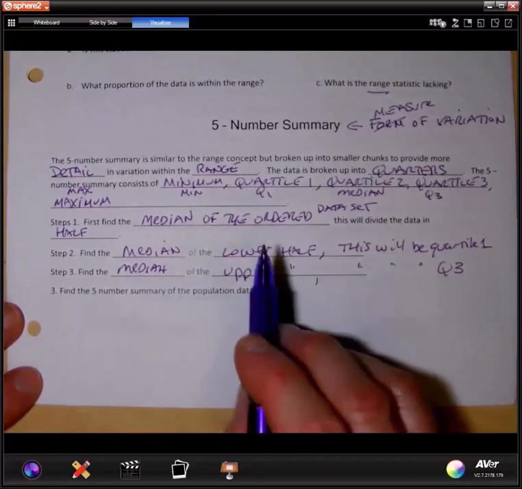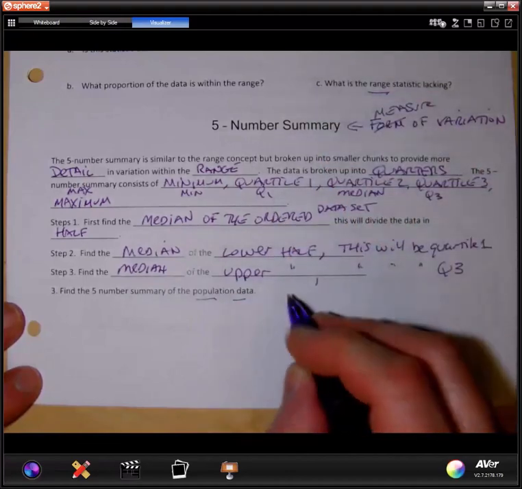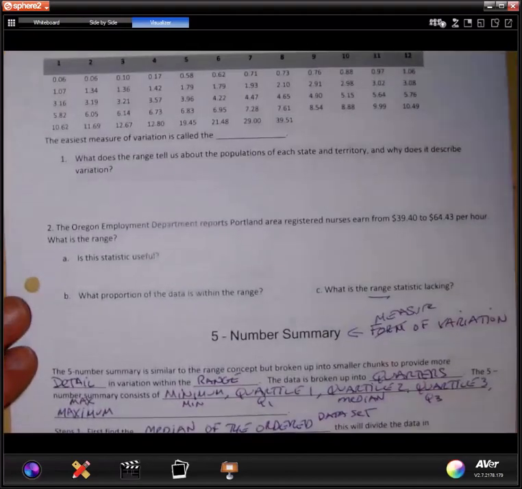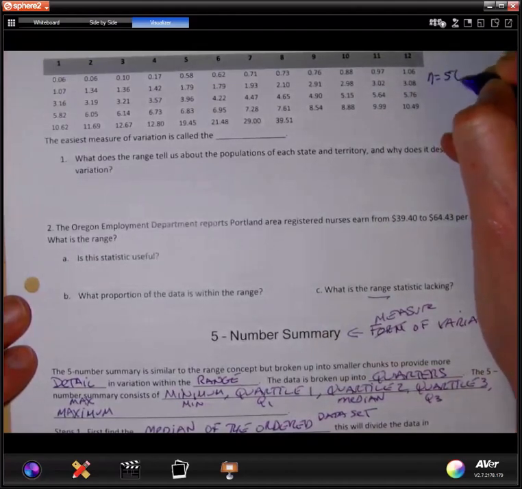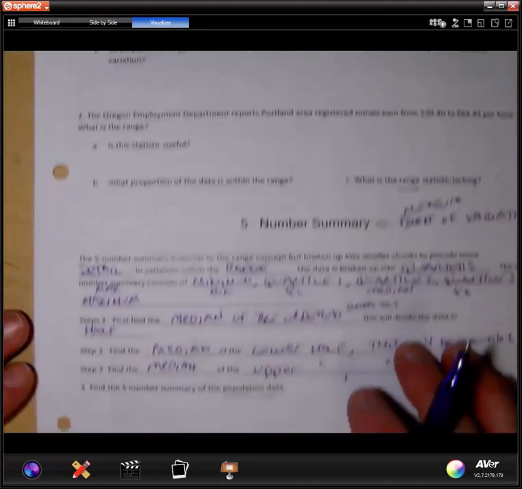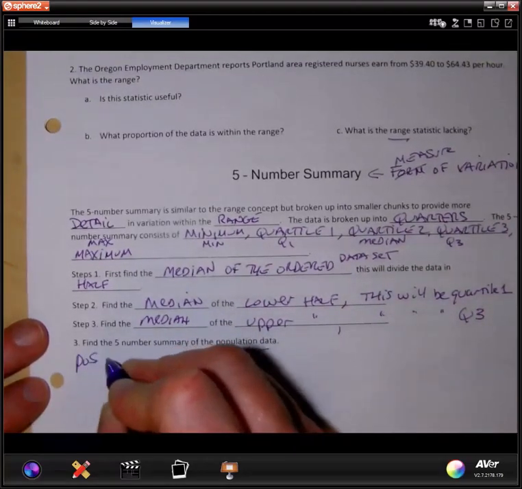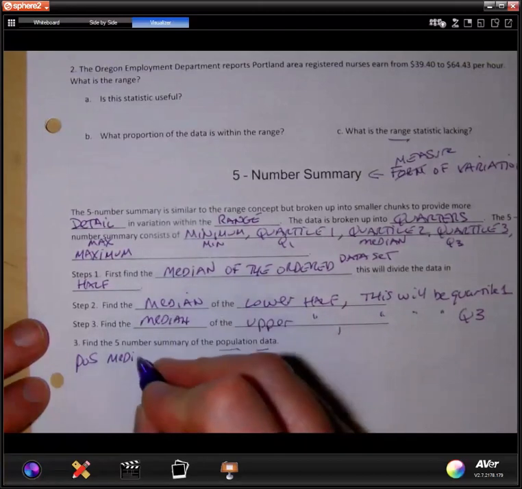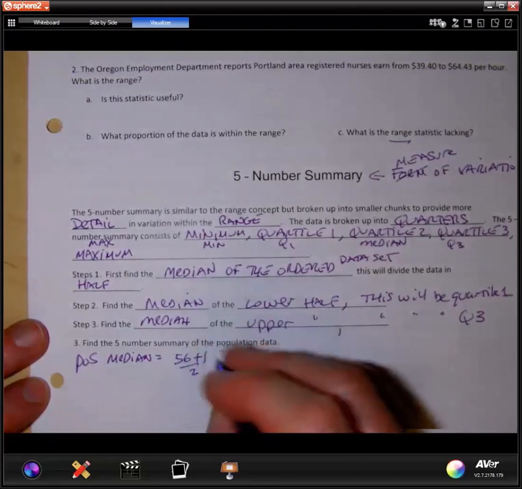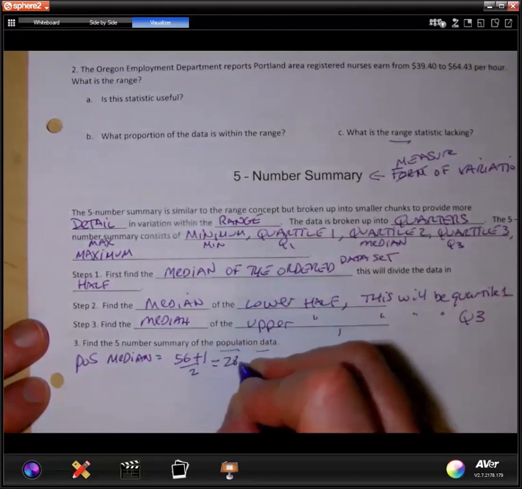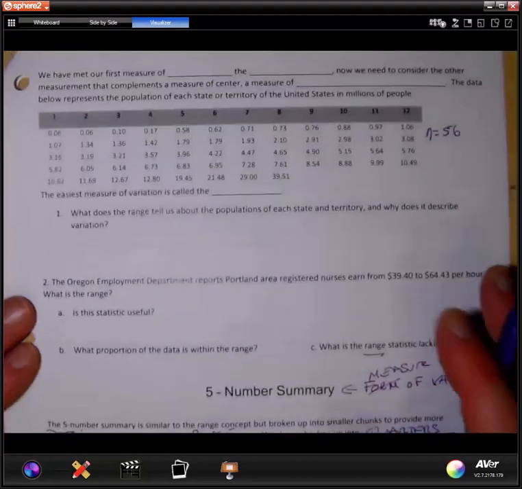So we're going to go back and look at the population data above in the pages above you. What I'm going to do here is, let's see, how many values were here? There were 56, that's right. N was 56, counted last time. Okay, so we're going to find the median of this data set. So my position of median is 56 plus 1 divided by 2, and that gives me 28.5. So position 28.5. Let me come back up here and start counting.